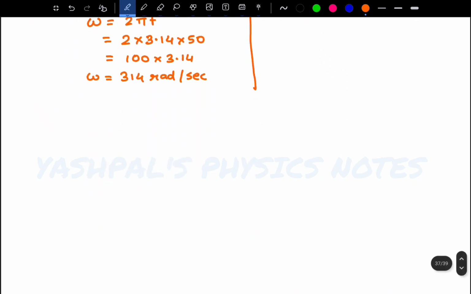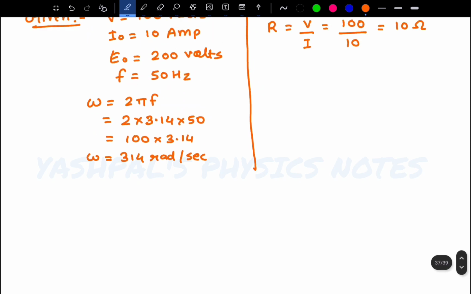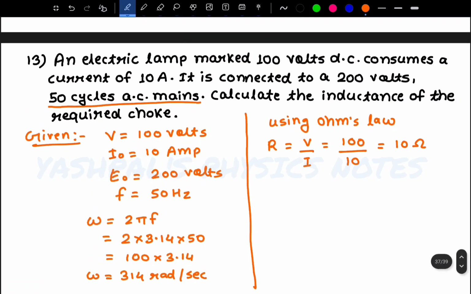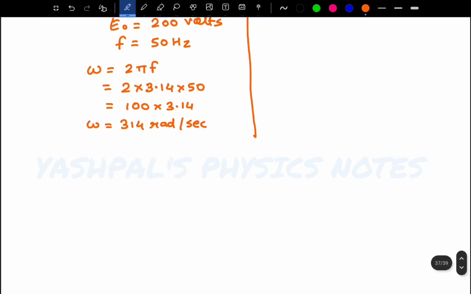Now to find the inductance, here we are asked to calculate the inductance of the required choke. With our given data, we have only one formula suitable to find the inductance, that is I naught equal to E naught upon under root R square plus omega square L square.